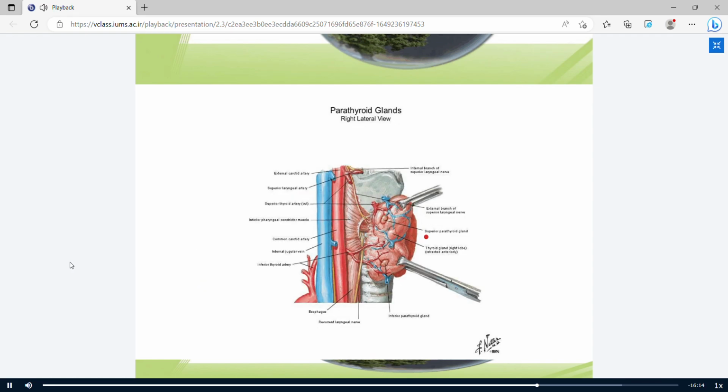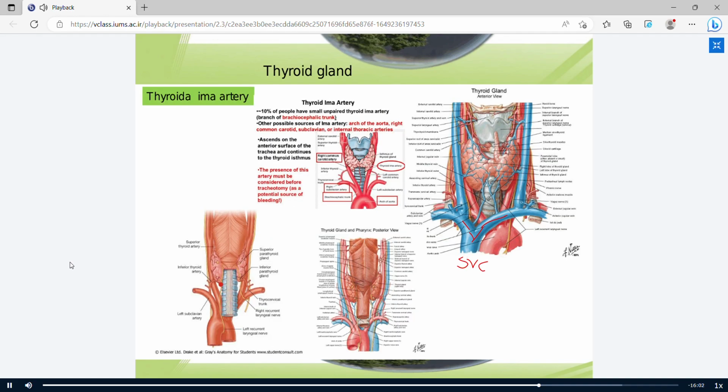This is the thyroid gland. The posterior surface of the thyroid gland is related to the recurrent laryngeal nerve. This is the recurrent laryngeal nerve.